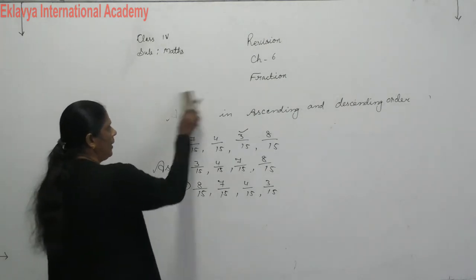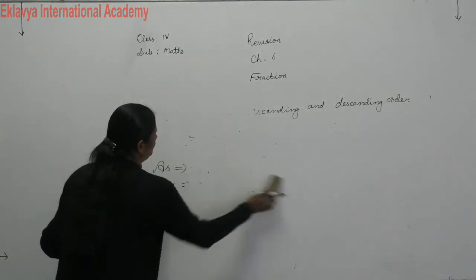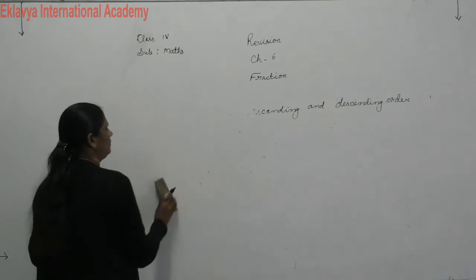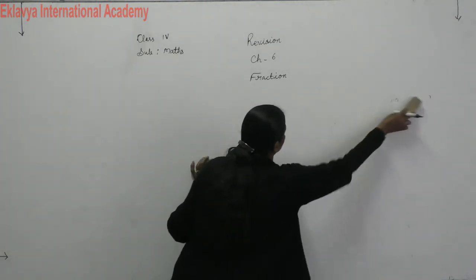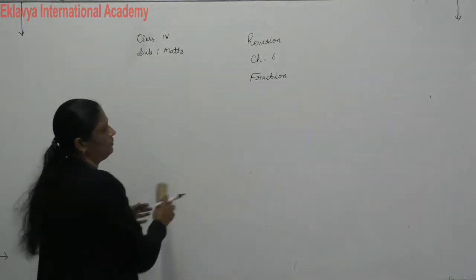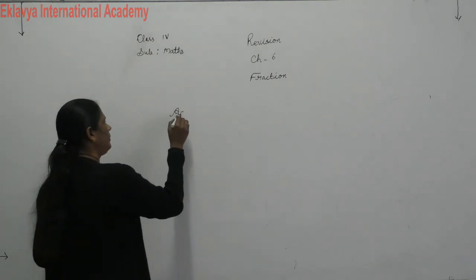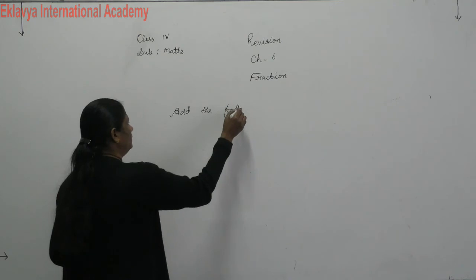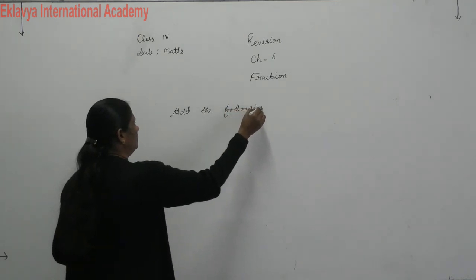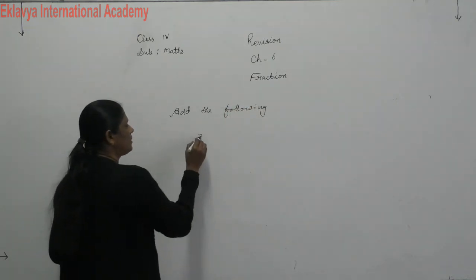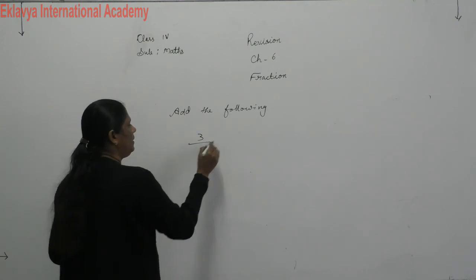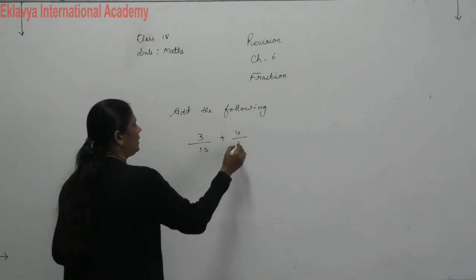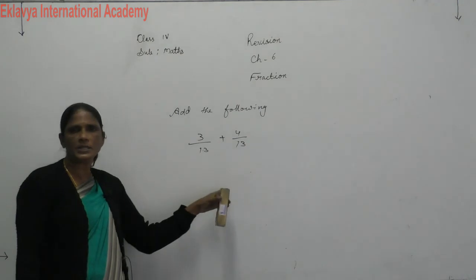Next, how to add and subtract. Add the following: 3 by 13 plus 4 by 13. Here the denominators are same.